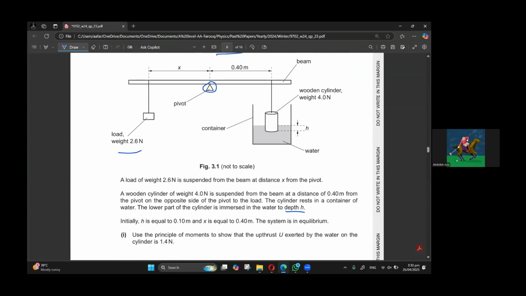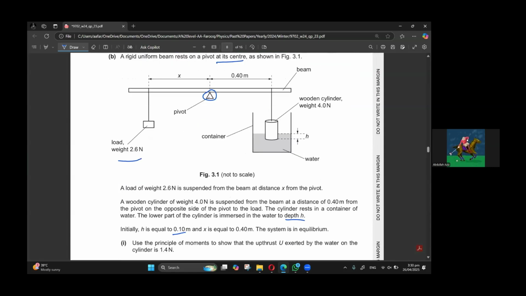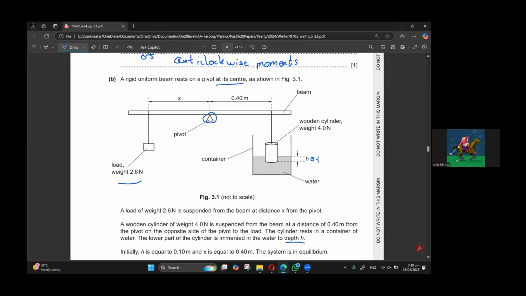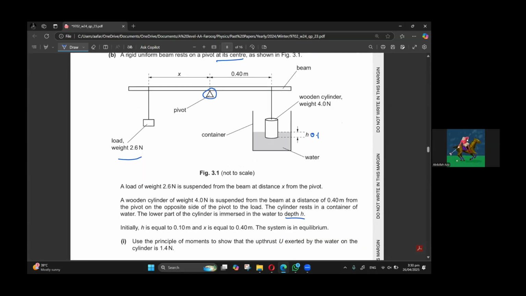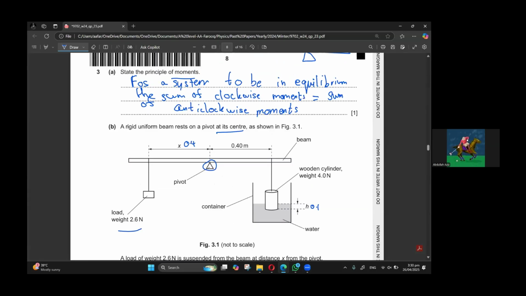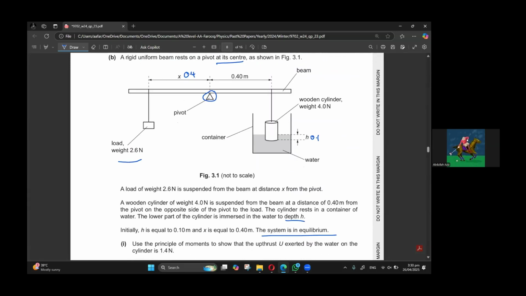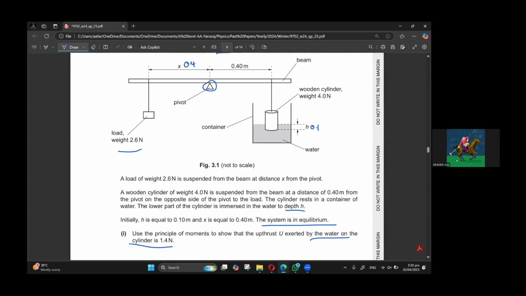Initially, h is equal to 0.1 meter and x is equal to 0.4 meter. The system is in equilibrium. Use the principle of moments to show that the upthrust U exerted by the water on the cylinder is 1.4 Newton.